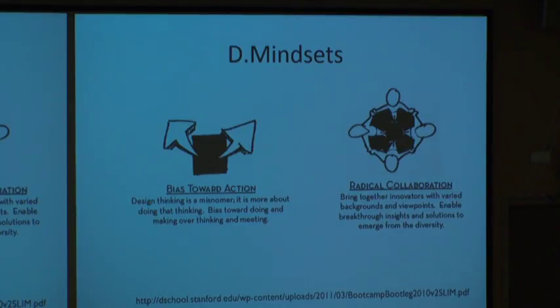Radical collaboration, this really is what EPICS can be about. In some situations, there tends to be not pulling in different perspectives. But really, this is a time to value and embrace different perspectives of your teammates. There is not a single expertise that will be effective in getting any project through the whole design process and out the door.